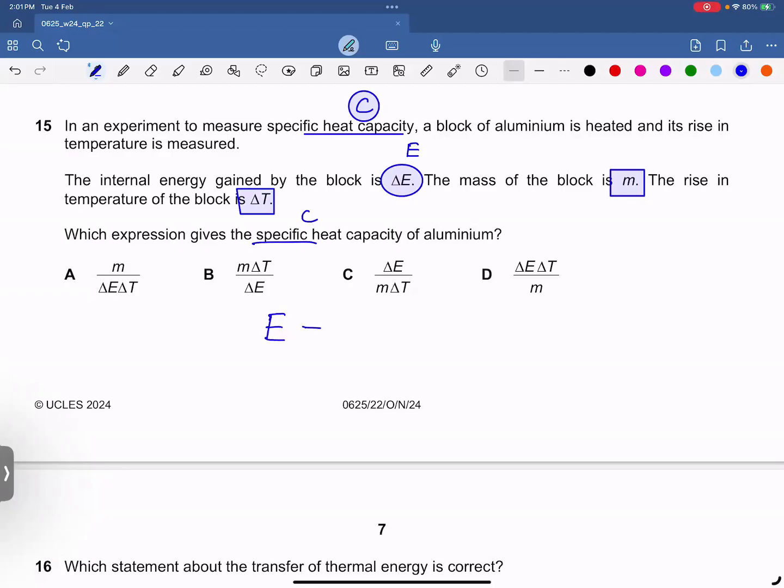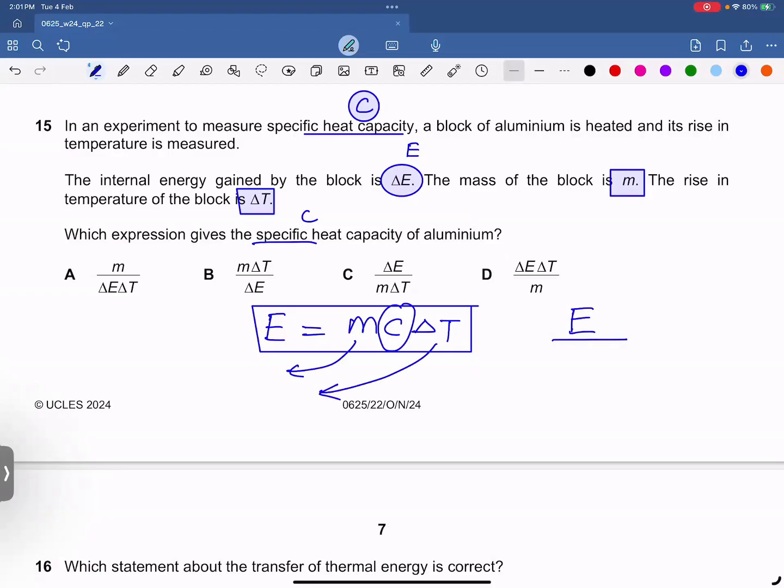You should know, students, E is equal to M C delta T. Now rearrange, to isolate C: M and delta T go to the other side as denominator. So C is E divided by M delta T. The option is C. We proceed to question number 16.